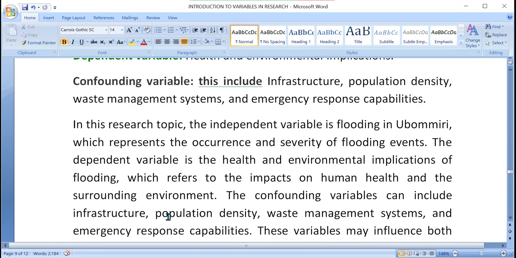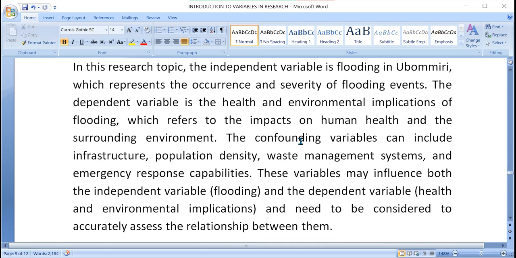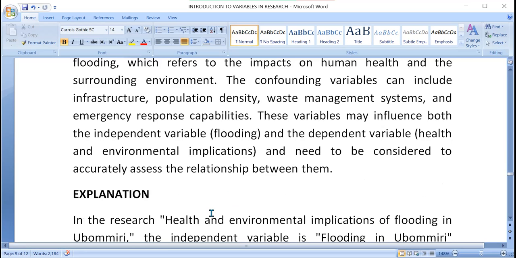The confounding variables include infrastructure, population density, waste management system, and emergency response capabilities. These variables may influence both the independent variable, known as the flooding, and the dependent variable, known as health and environmental implications, and need to be considered accurately for us to establish a relationship between these independent and dependent variables.